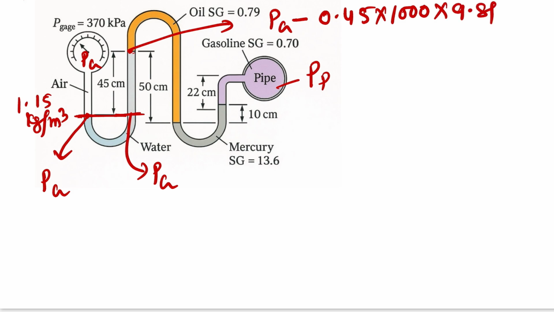We know that any pressure P is nothing but h rho g. So I am putting h rho g with a negative sign, because when we go upward the pressure decreases.